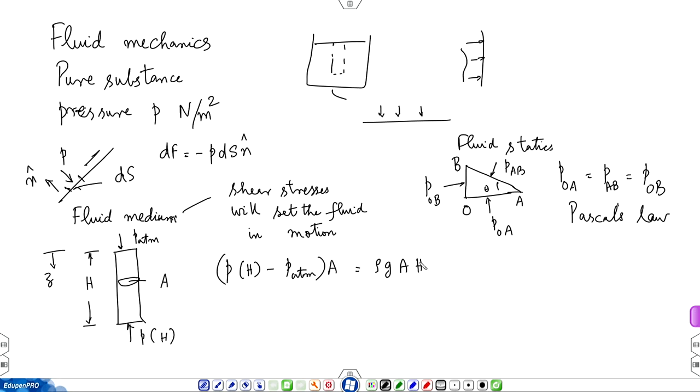So this A will cancel off. So you get P at h equal to P atmosphere plus rho g h.